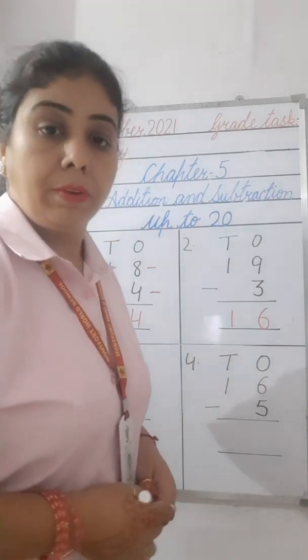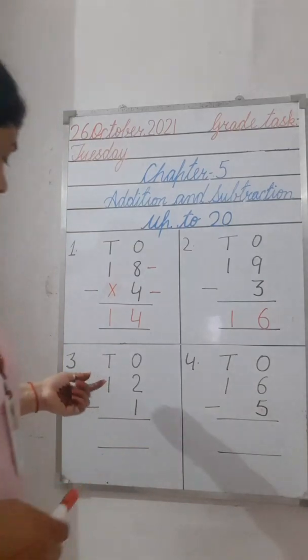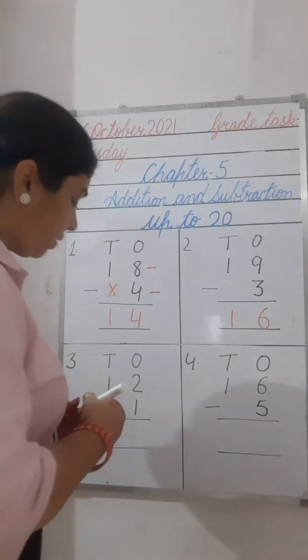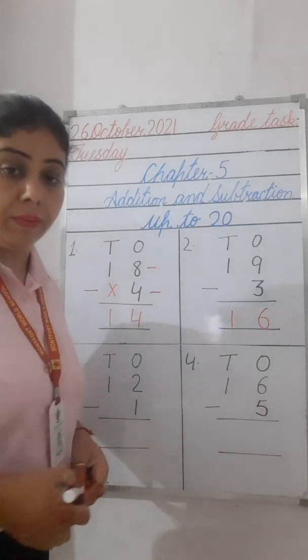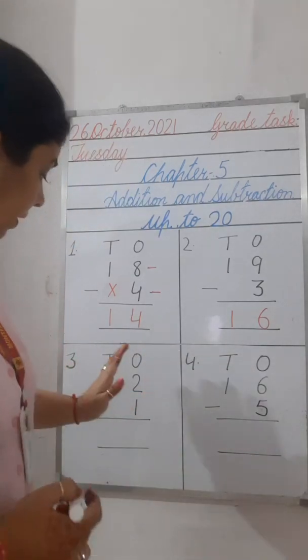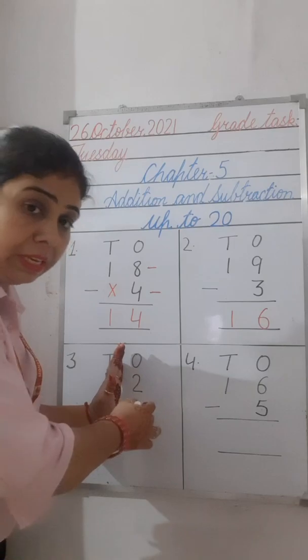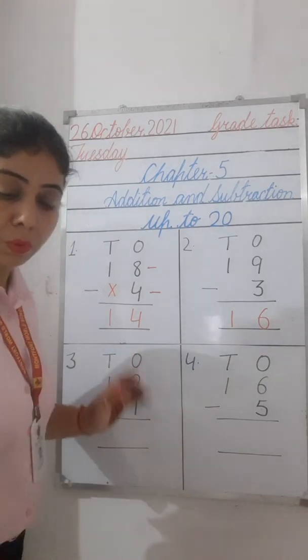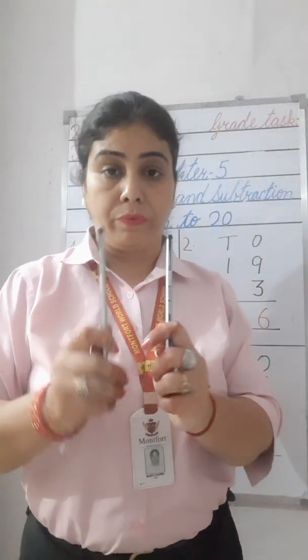Fine. Now here 12 minus 1. Here we have to subtract 1 out of 12. How we will do this? Again do this part firstly. We have to subtract 1 out of 2. So see, now we will do with pencils.